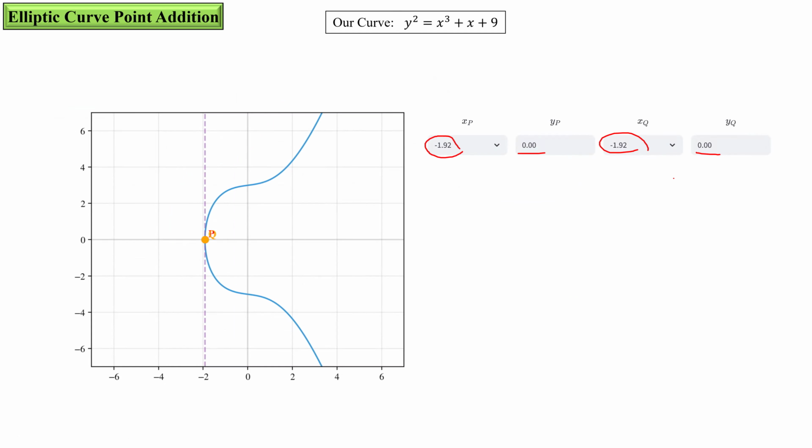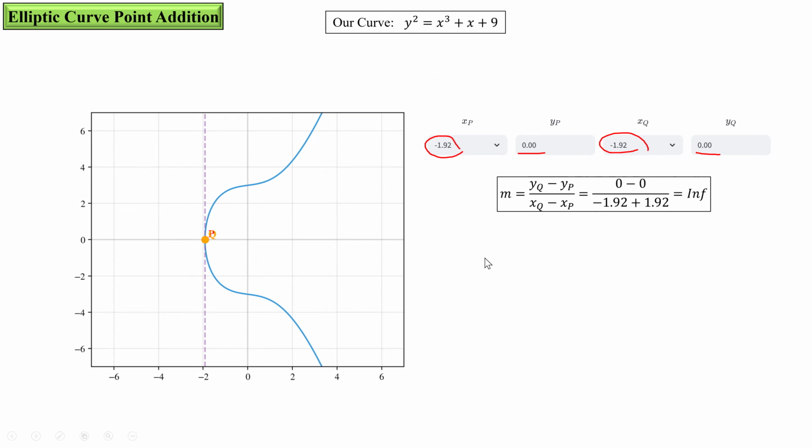But when you draw a tangent line, this tangent line doesn't intersect the curve at all. So again, the formula to compute the slope equals infinity. And again, we say that the addition of two points on this curve is at infinity.